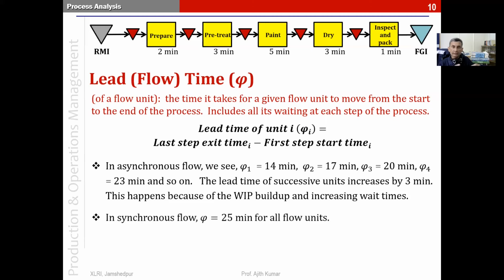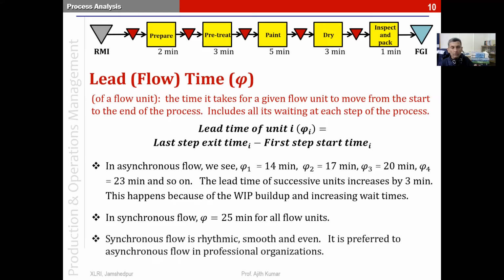On the other hand, in the synchronous flow, the phi happens to be exactly the same for all the flow units. And in our example, that is 25 minutes. So the synchronous flow is rhythmic, smooth, and even. In a professional work environment, the synchronous flow is preferred to the asynchronous flow because the unevenness and inconsistency in the asynchronous flow is said to be a source of wastage.